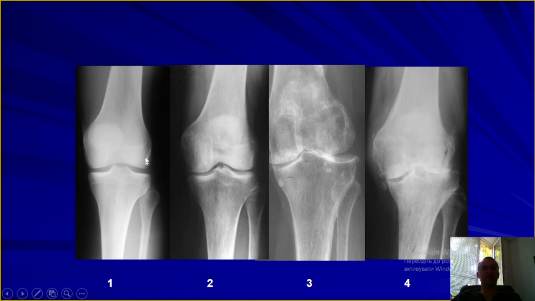You see the first stage, the bone is looking very good, and on the second stage will appear the first signs of local osteoporotic changes in the epiphyses of the bones which are forming the joint. On the third stage you see the severe osteoporotic changes here compared to the second stage.